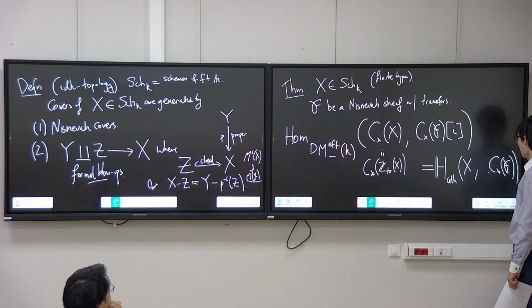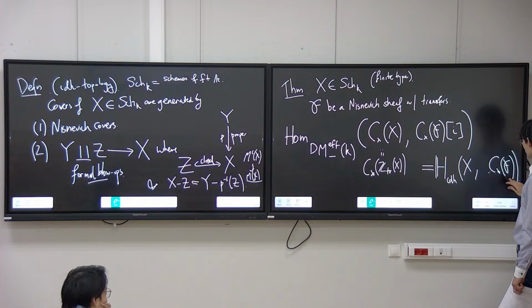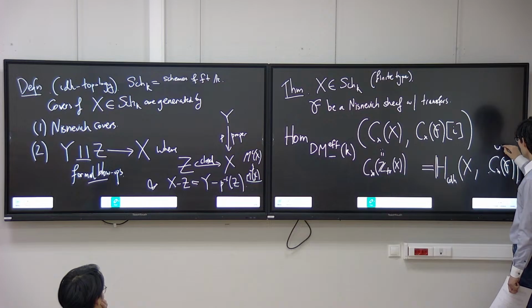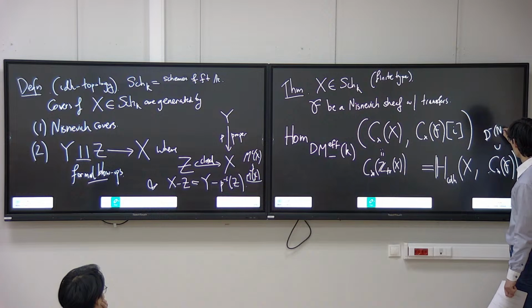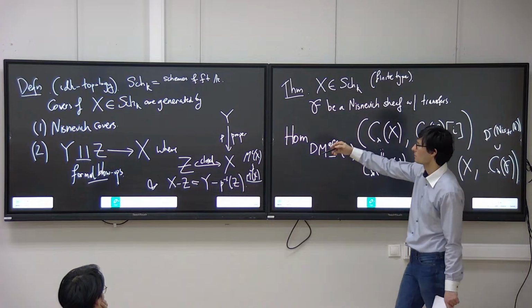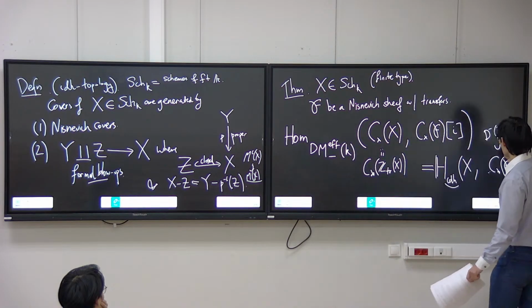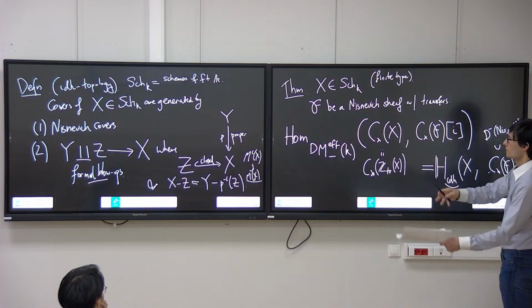Another technical thing here maybe is that this C_* F naturally lives in D minus of the category of Nisnevich sheaves with transfers. However, this is in the CDH topology, but we can easily pull back from the Nisnevich site to the CDH topology.